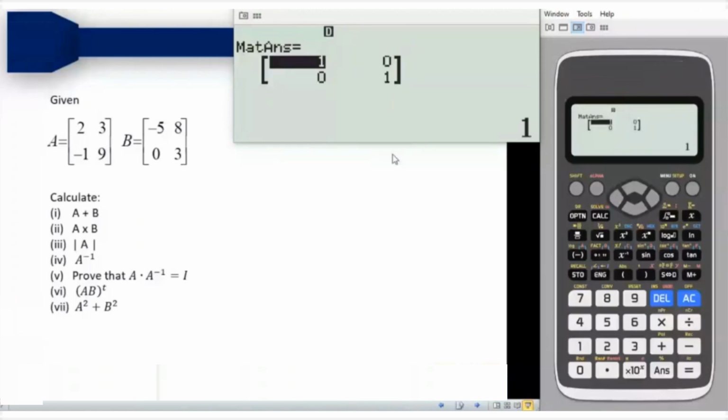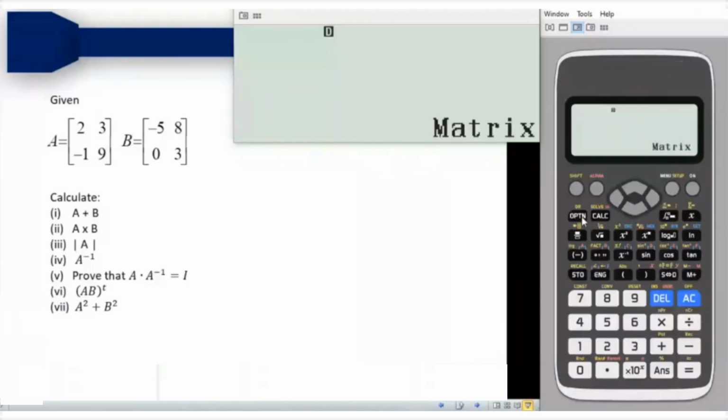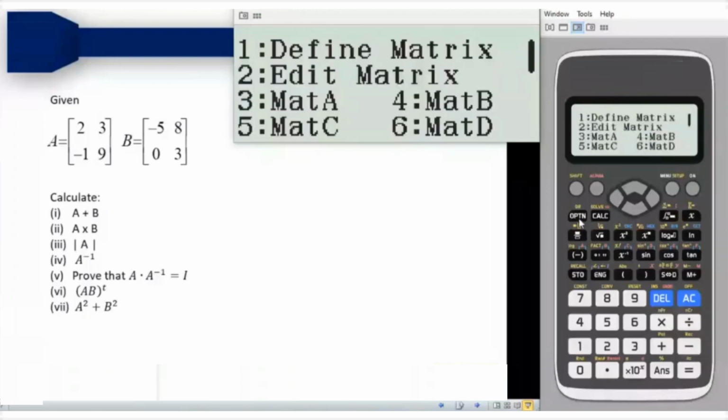I will repeat the process so that if there was any lagging, you can follow. I have pressed option 3, then I pressed multiply, then I press option 3 again, and I press the inverse sign.